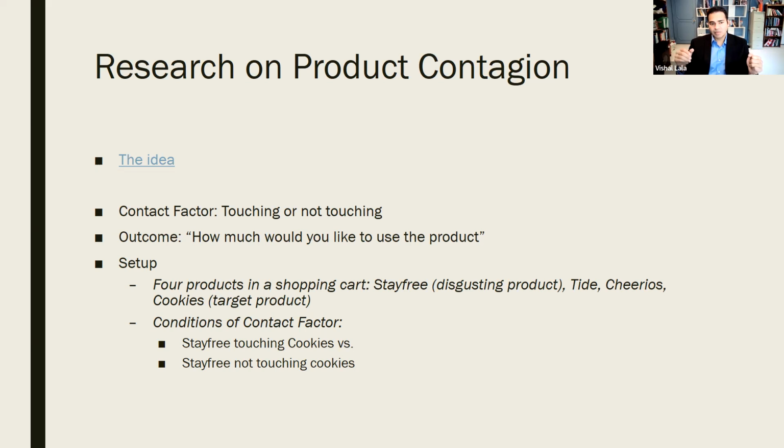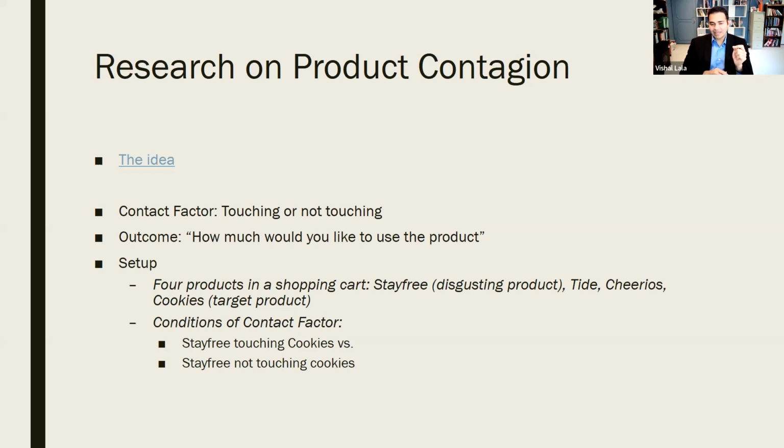A shopping cart was parked in the front of each classroom. In one classroom, the shopping cart contained Stay Free, Tide, Cheerios, and cookies. In the other classroom, it contained the same products. You're probably wondering, well, what's the difference? The difference is touch or no touch.